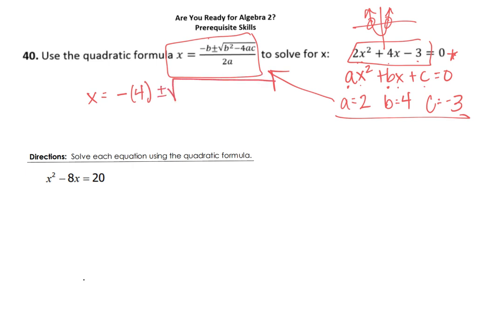Notice I'm using parentheses because I'm evaluating an expression here. B squared, so 4 squared, minus 4, then a and c go in parentheses: a is 2, c is negative 3. All of this is being divided by 2 times a, which was 2.